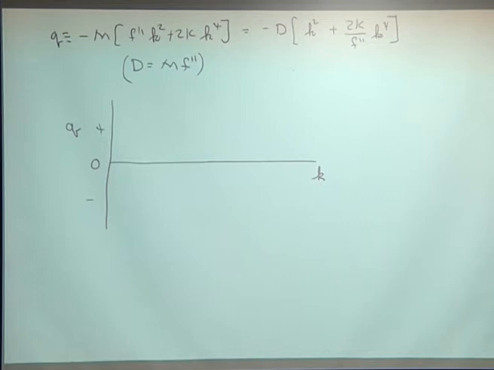Okay, so if you remember the little sketch of a derivation I did when we were talking about the diffusion equation, I had basically these first two terms here, the diffusion coefficient and the wave vector squared. So if you consider the case where f double prime is greater than 0, the diffusion coefficient is greater than 0, so this term is positive, this is positive, of course the wave vectors are positive, and so that means that q is always negative, and you get something that looks like this.